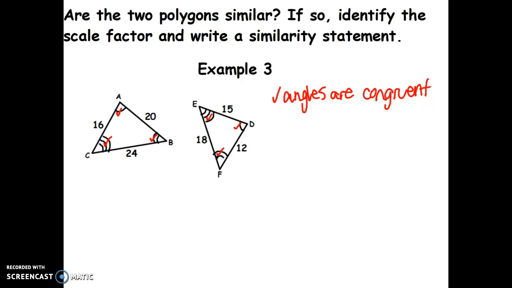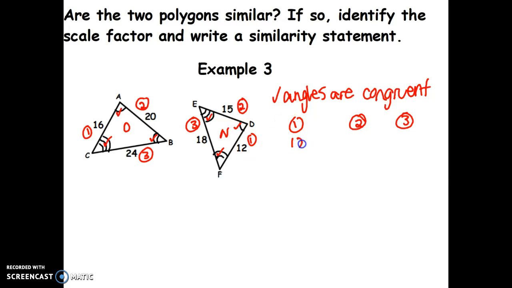Next, we need to check to see that the sides are proportional. So let's begin doing that by numbering from least to greatest. This would be 1, 2, and 3. And this would be 1, 2, and 3. Okay? Now, we'll identify an original and a new. And then we're going to go ahead and form our fractions.